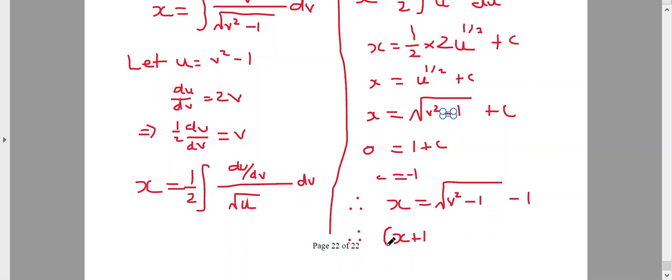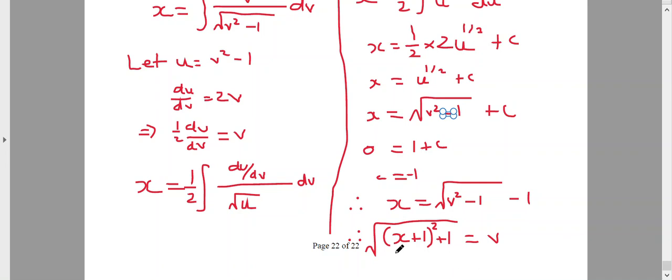So I'll do that by squaring both sides. I will then need to undo this minus 1, so I will be adding 1. And then I will need to undo the square that's on the v, so I will need to take the square root of all of that. So there's my answer for v.